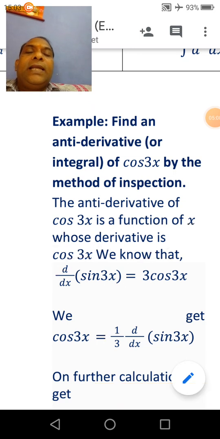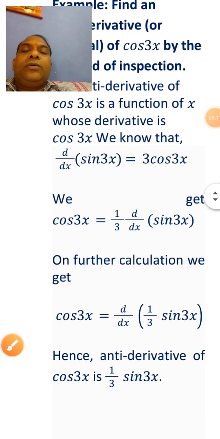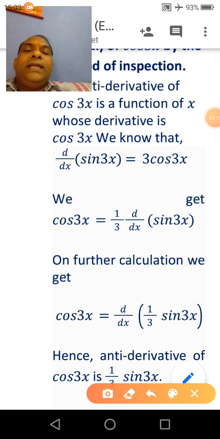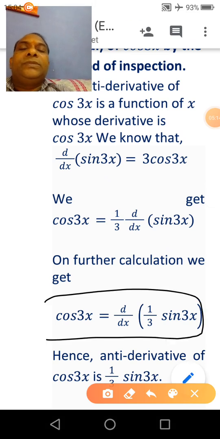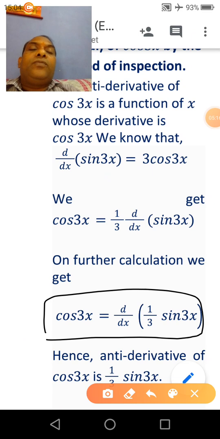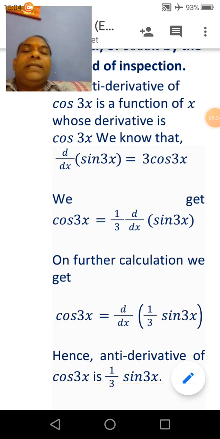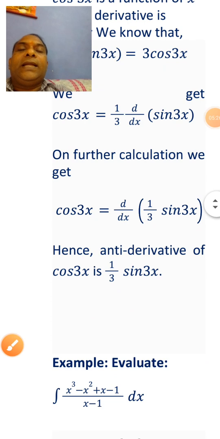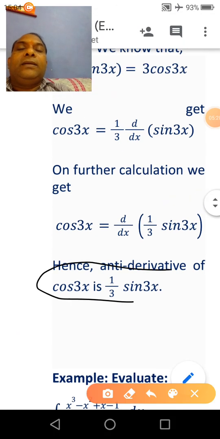Clear? So we can say that cos 3x is equal to d by dx of 1 by 3 sin 3x. It means antiderivative of cos 3x will be 1 by 3 sin 3x. You can write it. Clear?